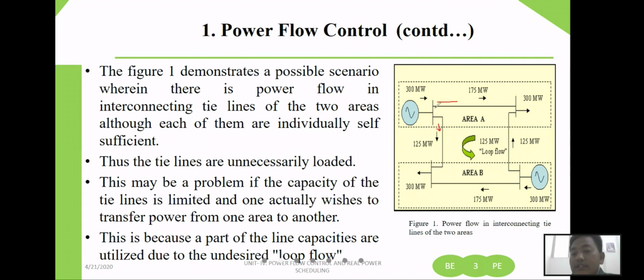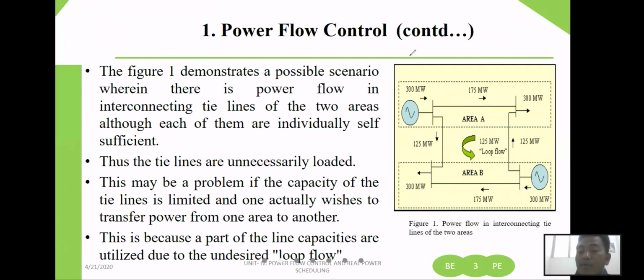It will just send 175 here and 125 there. The AGC will not see the capacity of this tie line, or of this line either. It only knows that it requires 175, so AGC will try to maintain 175 in this line and 125 megawatt in that line. So this is a problem with AGC.